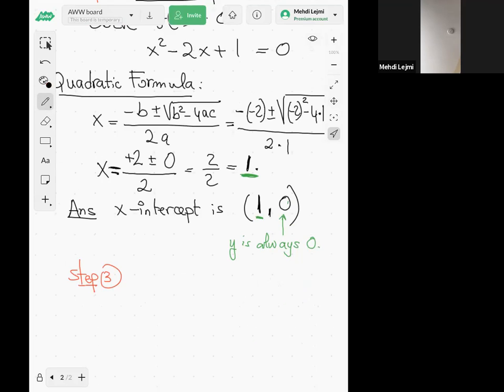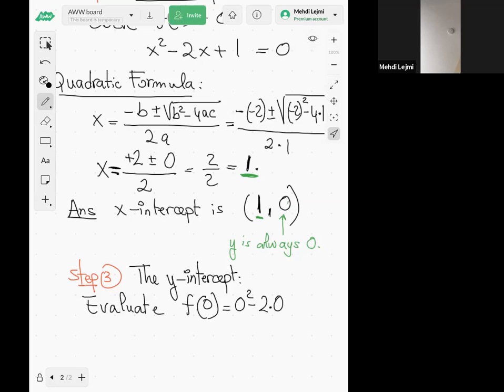To find the y-intercept, I have to evaluate f of 0, which is, of course, 0 squared minus 2 times 0 plus 1. So f of 0 is just positive 1.